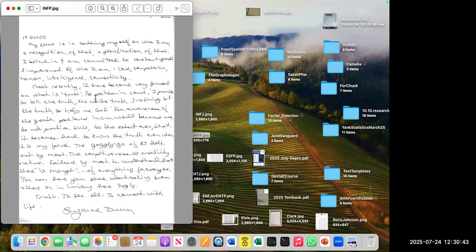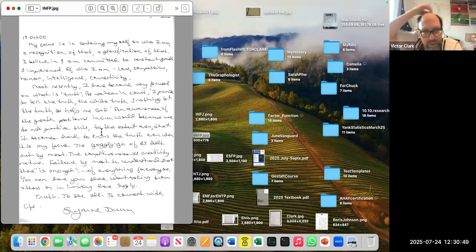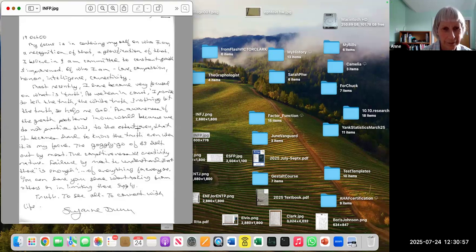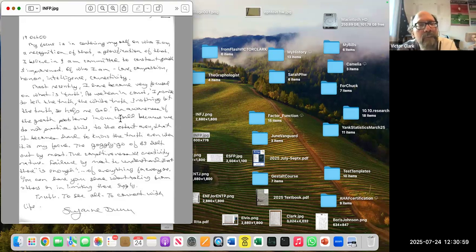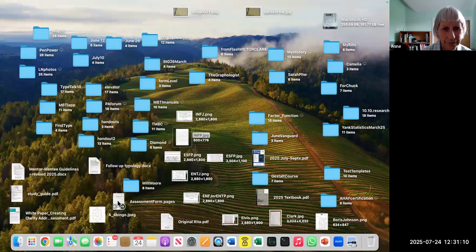Yeah, the slant is the same though, the letters. So I think it's overall more introverted. That would mean that the introverted feeling is dominant. So let's take a look at that.